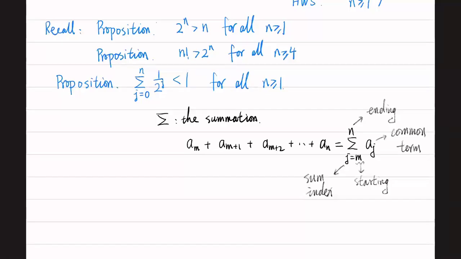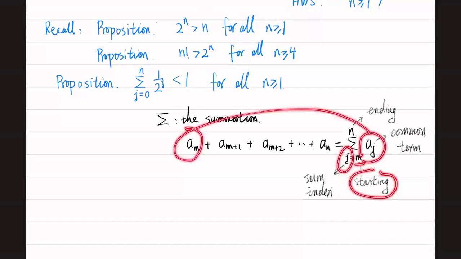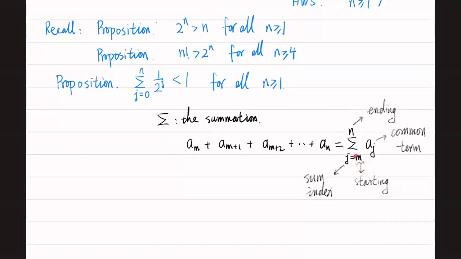In the summation notation, when J equals M, the starting point, we have the first term A_M. The next term, from M to N, goes to M plus 1, M plus 2, until N, the ending term. So we start at M, end at N, for each J, the summation of A_J.